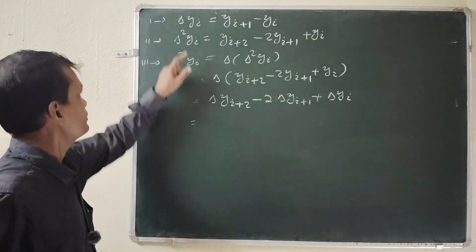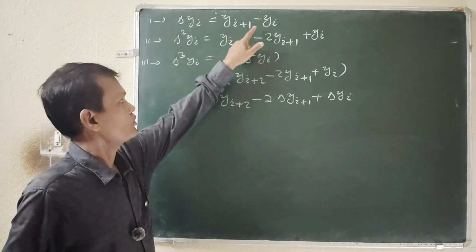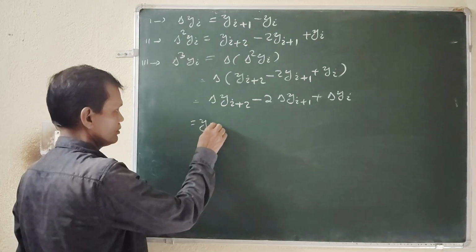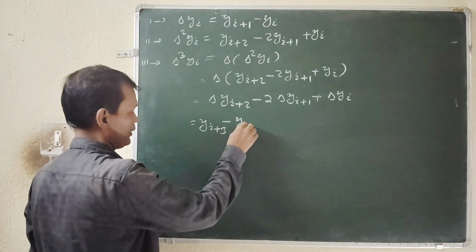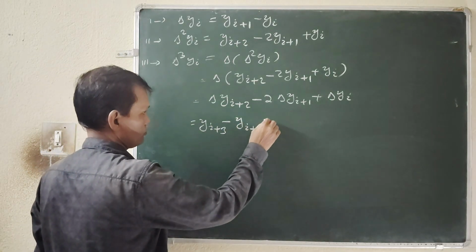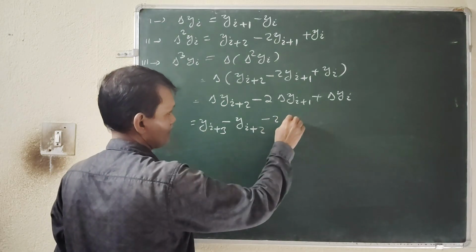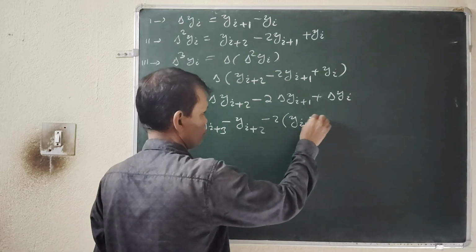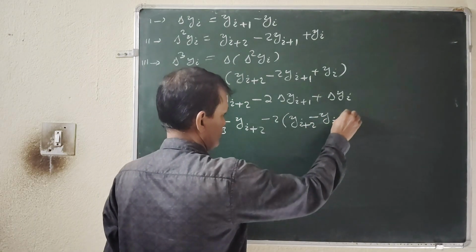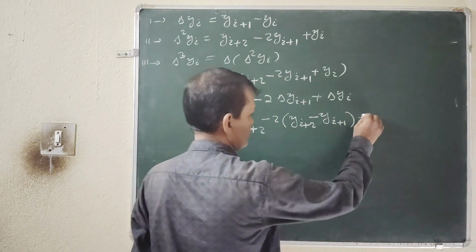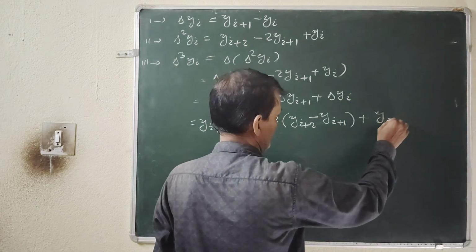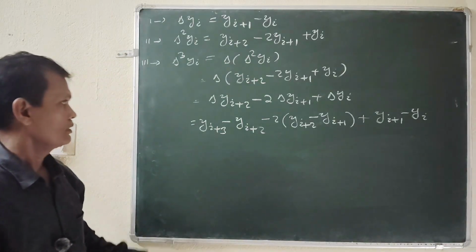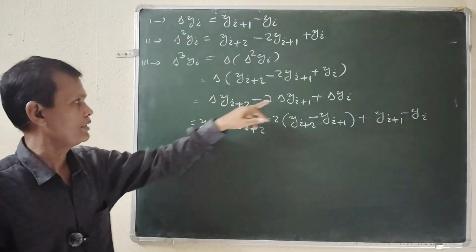Again you apply the definition, delta yi means yi plus 1 minus yi. Applying this here gives yi plus 3 minus yi plus 2, minus 2 times yi plus 2 minus yi plus 1, plus yi plus 1 minus yi. We are just using the definition of first order difference for every data.